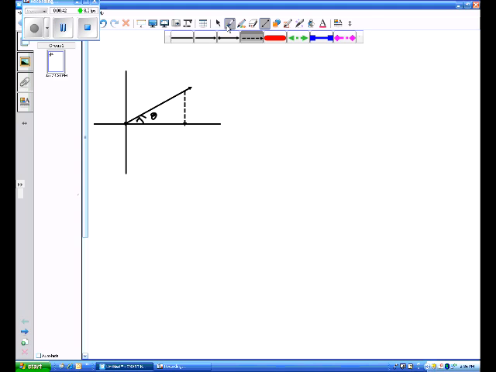Now the point we can label as (x, y), so that this is any point, not a particular point. And we have a point then on our terminal side. We also need to know the distance from the origin to the point, which is called r.